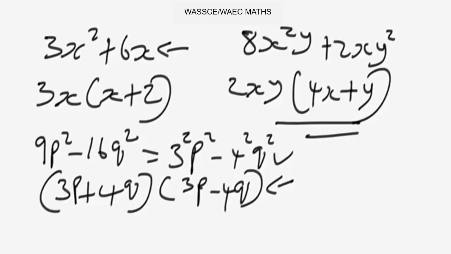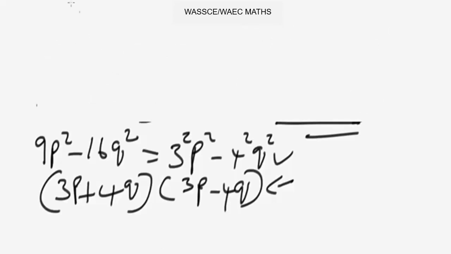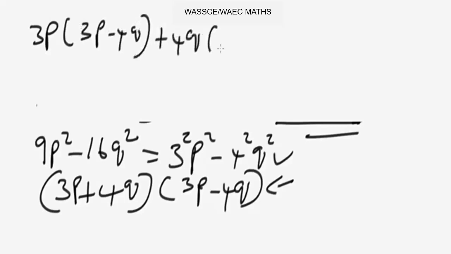Okay, so when you simplify what we have below our answer, you're going to have 3p in bracket 3p minus 4q, then we have plus 4q times 3p minus 4q. So basically what is here times what is here.